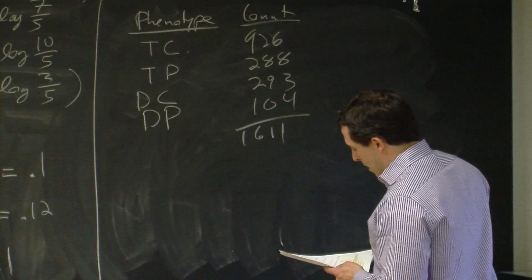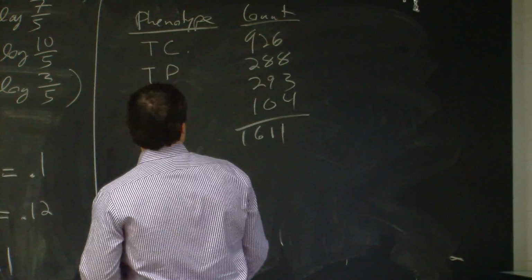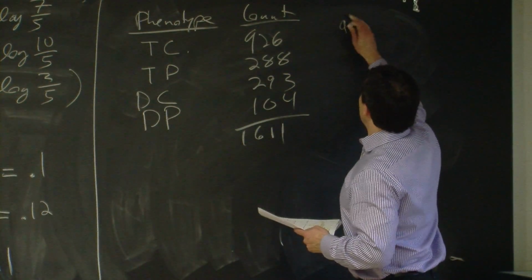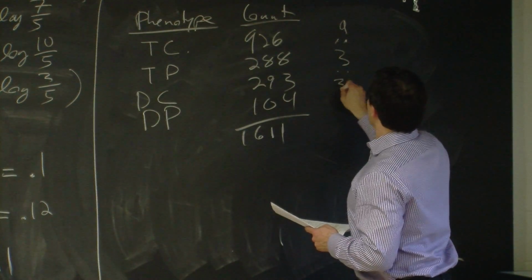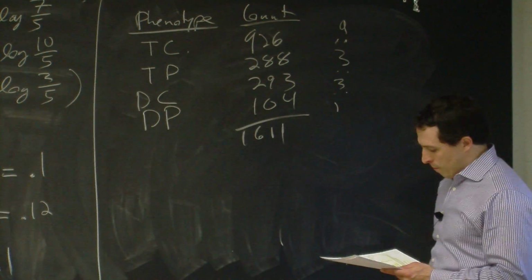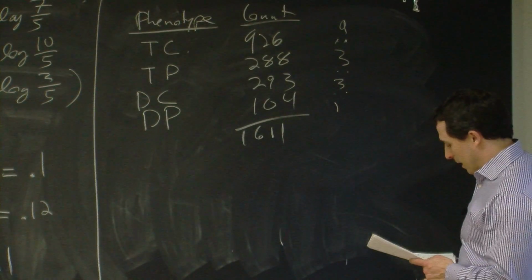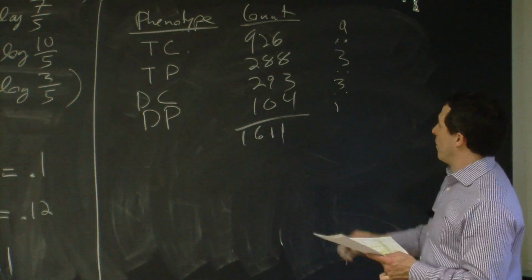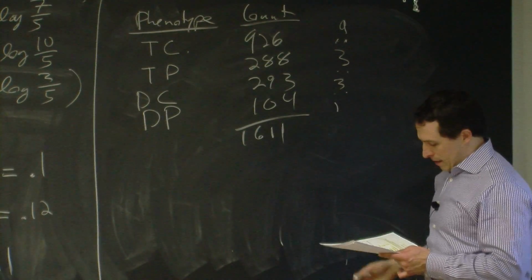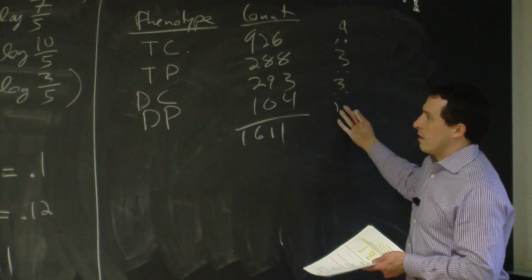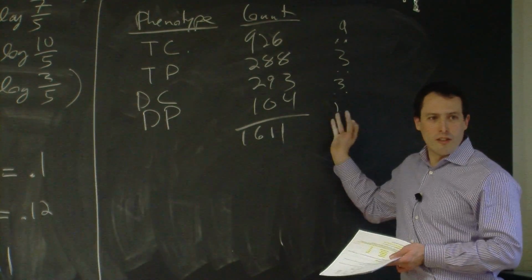Okay, and from genetic theory, we think that the ratio of phenotypes should be 9 to 3 to 3 to 1. And we'd like to know whether the data we saw matches up with that theory, that hypothesis. So again, this is a zero-dimensional null hypothesis, right?